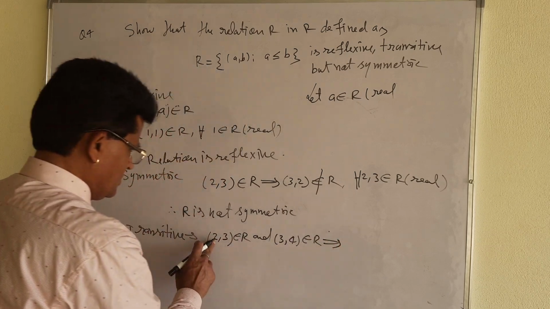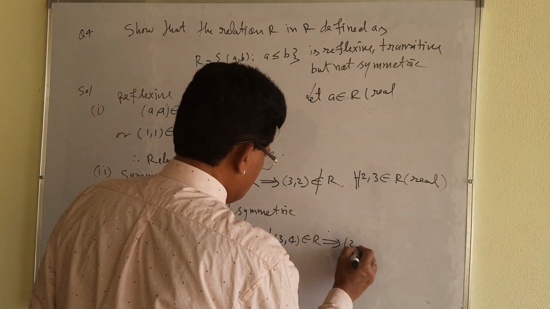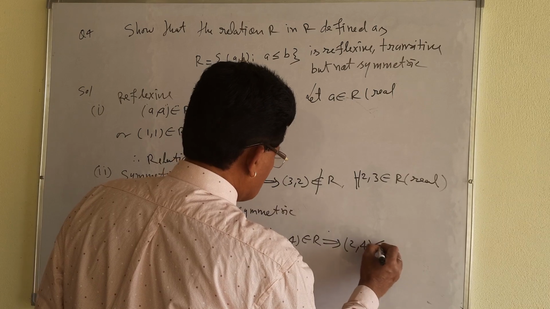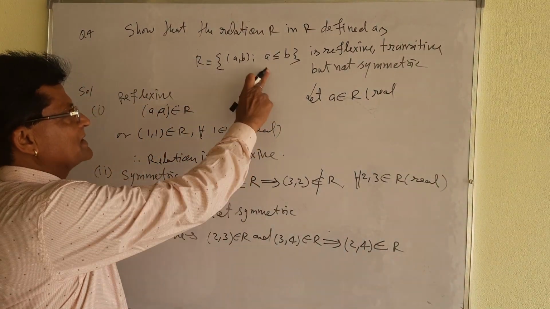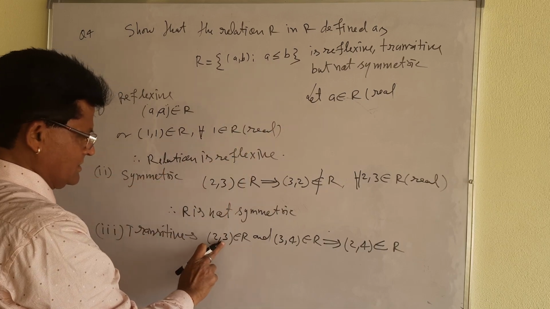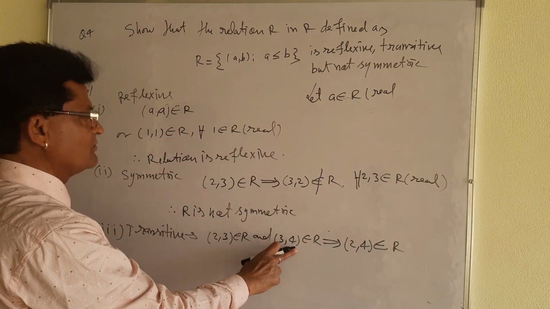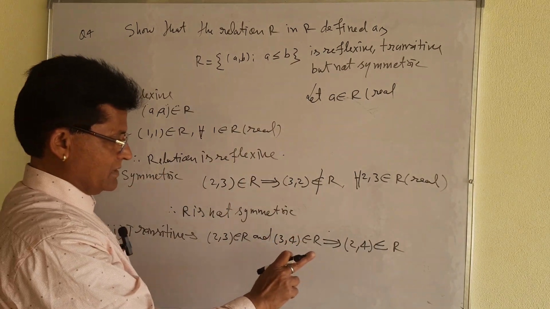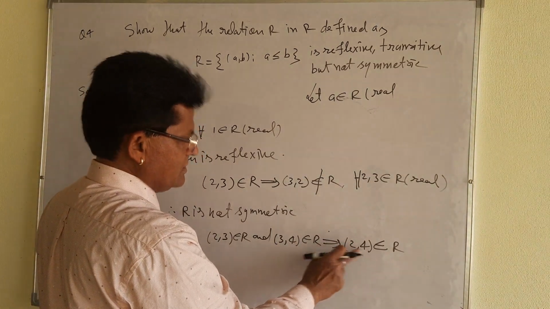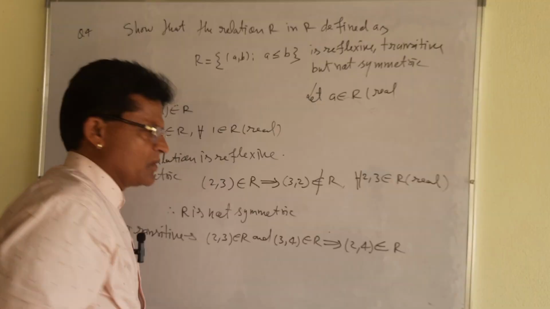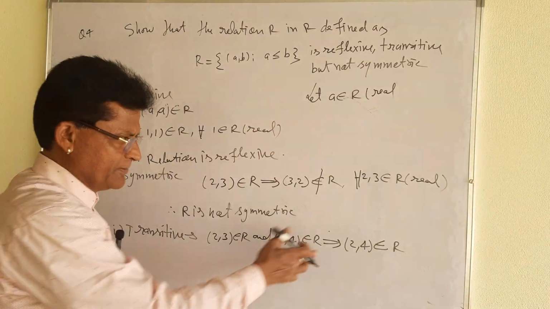Implies that (2, 4) belongs to R or not, you see. (2, 3) belongs to R as per the condition, 2 is less than 3 is less than 4, right. And (2, 4): 2 is less than 4, yes, it belongs to R.